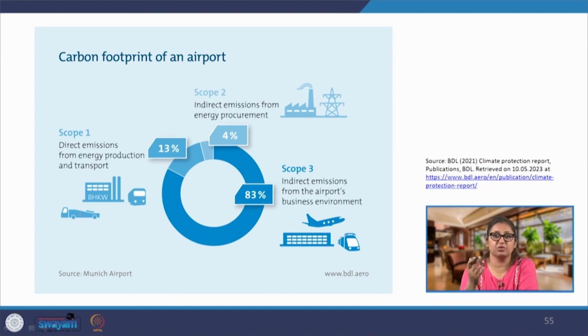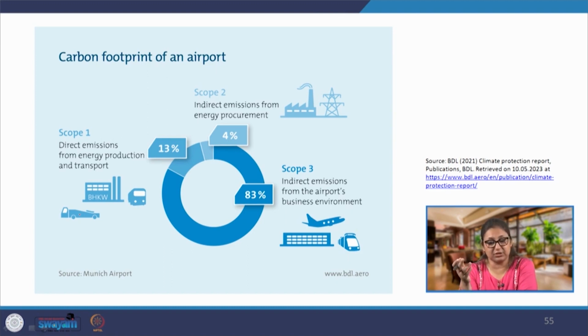There are cargoes, there is a lot of people transportation that is happening. So, a lot of this transportation and the emissions resulting from them is the direct emission for the airport, scope 1 emissions, which is significant. Here we are seeing 13% of the direct emissions.